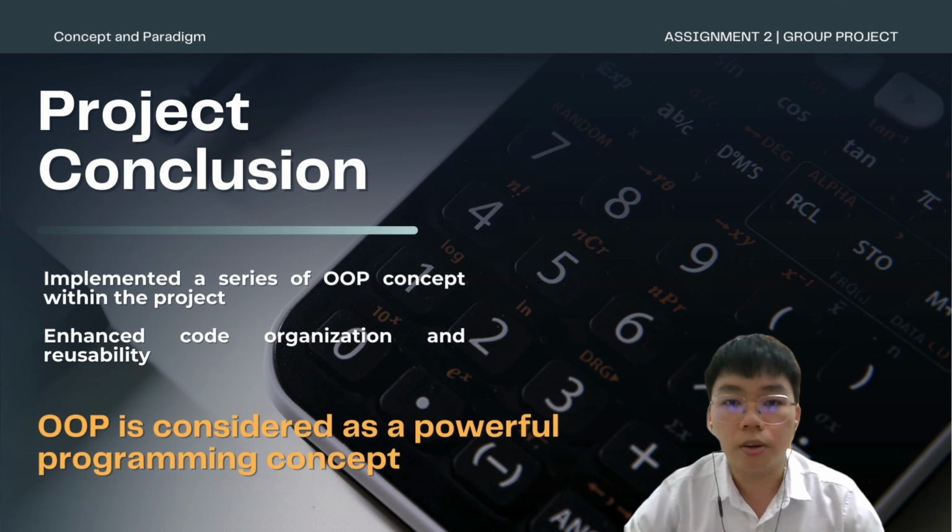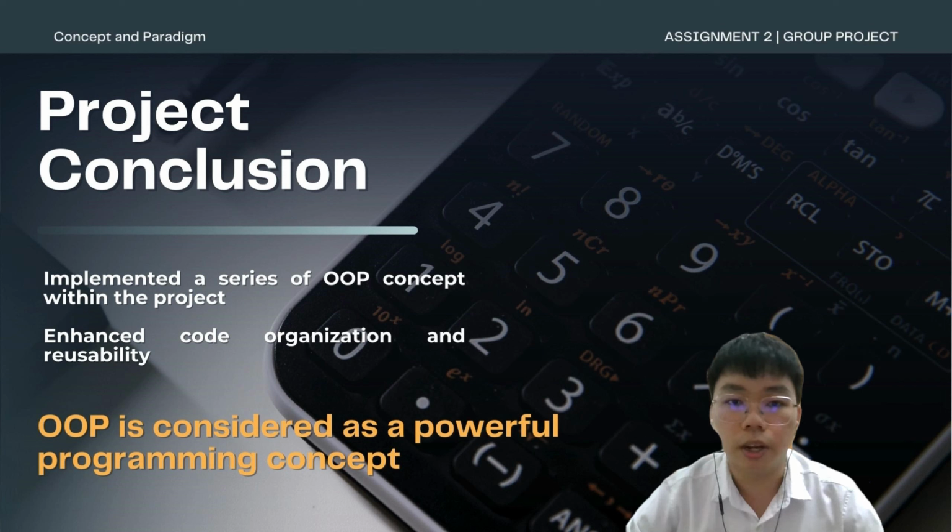In conclusion, this Python calculator project effectively demonstrates the power of object-oriented programming in creating a flexible and modular system. It showcases how object-oriented programming principles such as class design, encapsulation, abstraction, inheritance, polymorphism, the SOLID principles, and user interaction can be leveraged to build an efficient calculator capable of handling various mathematical operations.